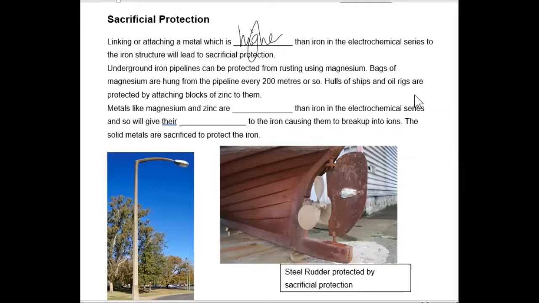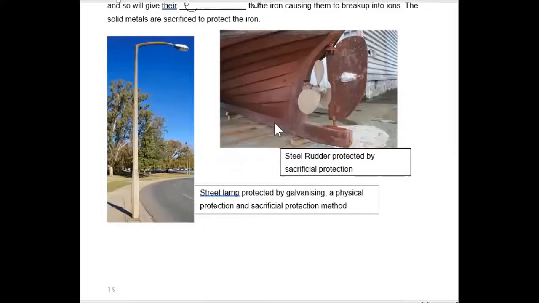Hulls of ships and oil rigs are protected by attaching blocks of zinc to them. Metals like magnesium and zinc are higher than iron in the electrochemical series, and so will give their electrons to the iron, causing them to break up into ions. The solid metals are sacrificed to protect the iron.